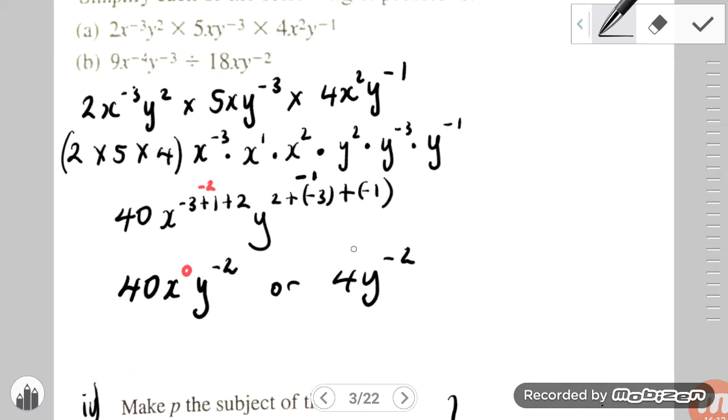So technically this would be 40 multiplied by x to the 0, which is 1, multiplied by y to the minus 2, and then 40 times 1 is just simply going to be 40y to the minus 2. So that's why the x to the 0 disappeared. Okay, if you want to leave it with x to the 0, that's also fine, so you could do that.